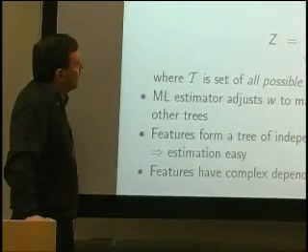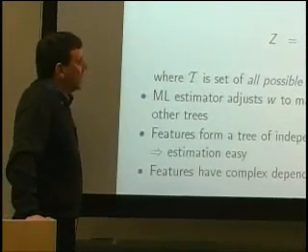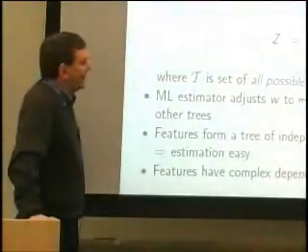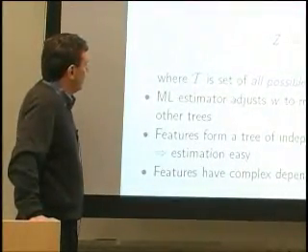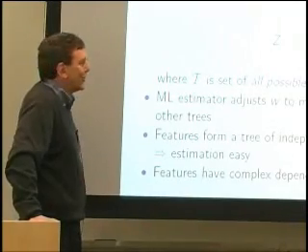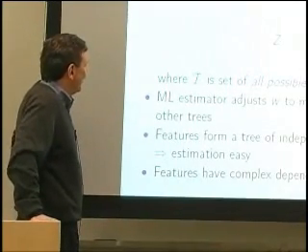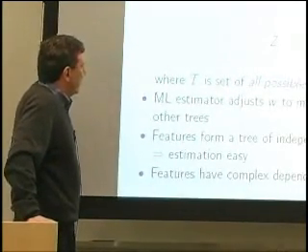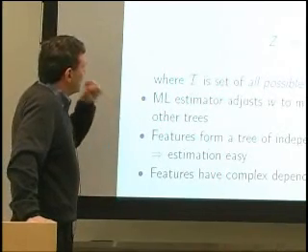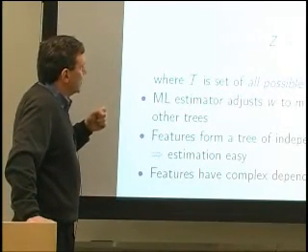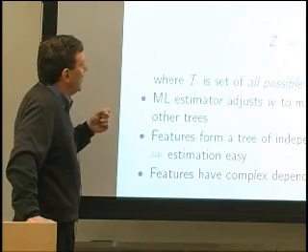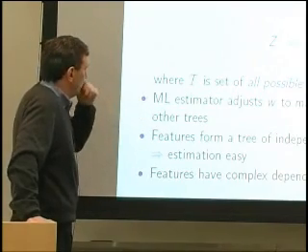And natural language being what it is, there's an awful large number of strings out there that have non-trivial probability. If there weren't, natural language wouldn't be such a good thing for communication. Basically, what the maximum likelihood estimator tries to do is adjust the feature weights to make the trees in the training data more likely than any other trees.